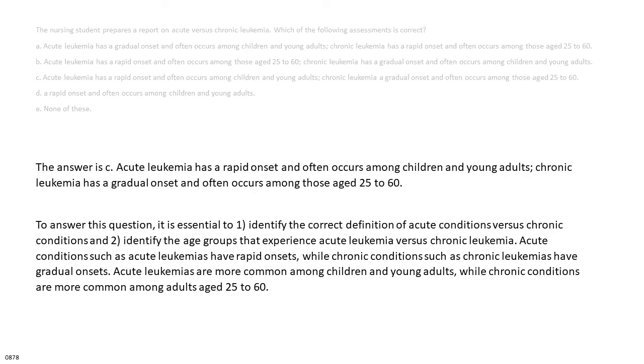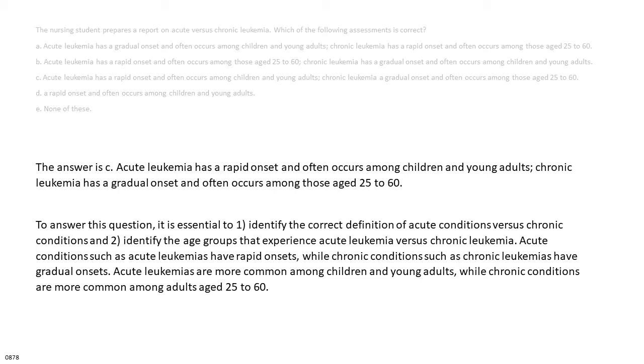The answer is C. Acute leukemia has a rapid onset and often occurs among children and young adults. Chronic leukemia has a gradual onset and often occurs among those aged 25 to 60. To answer this question, it is essential to 1. identify the correct definition of acute conditions versus chronic conditions, and 2. identify the age groups that experience acute leukemia versus chronic leukemia.